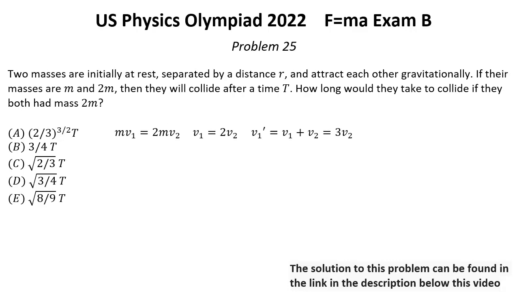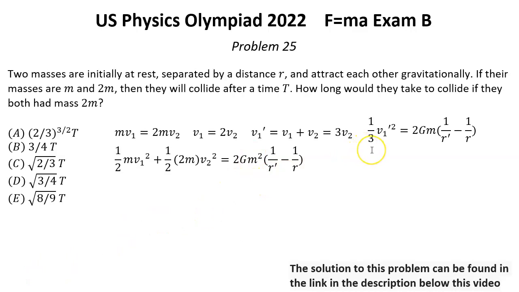From energy conservation we have this expression. Now we can use expressions for v1 and v1 prime and find that 1/3 v1 prime squared equals the change of energy. Here we have r prime, the current distance between the masses.